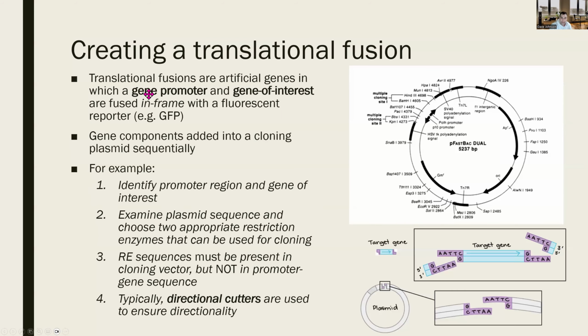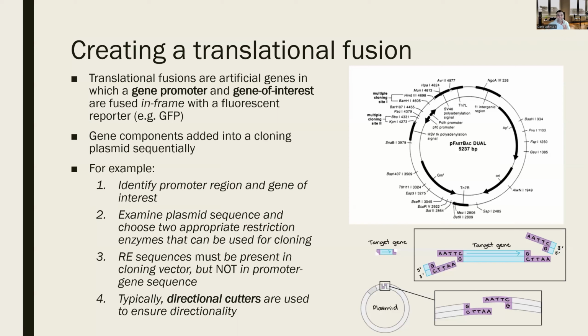We are amplifying the gene promoter and the gene of interest, but we're also going to fuse GFP to the end of this protein. So essentially what we're going to create is the protein of interest, but we also need to make sure that the gene for creating GFP is fused in frame with that gene.